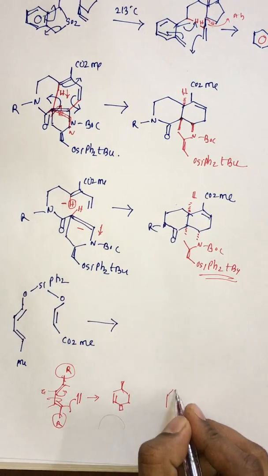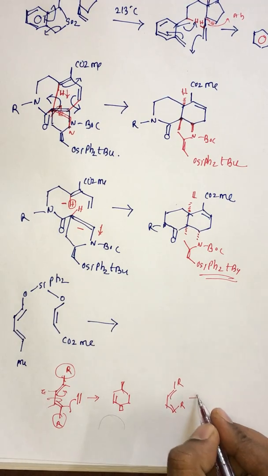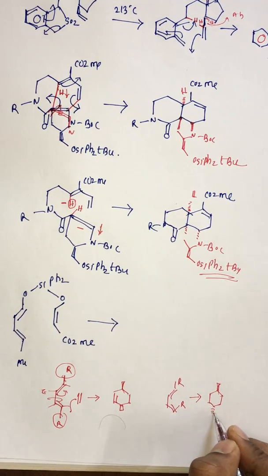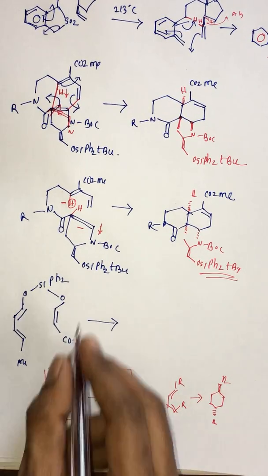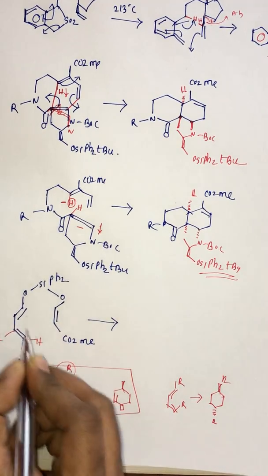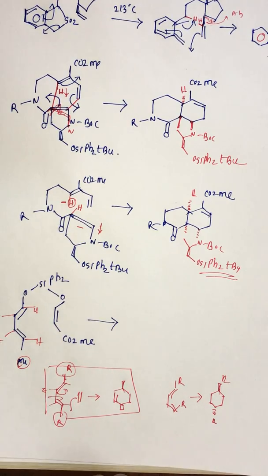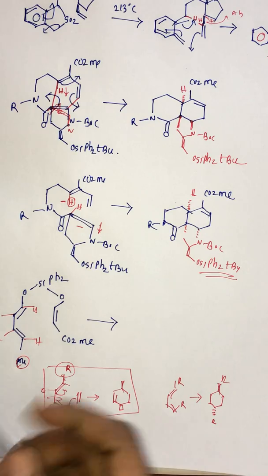So when we have an E and Z, in that case the substituents in the product will come trans to each other. So this condition we have to apply here, because this is E and this is also E, so they both are facing opposite directions, and in the product they have to come on the same side.